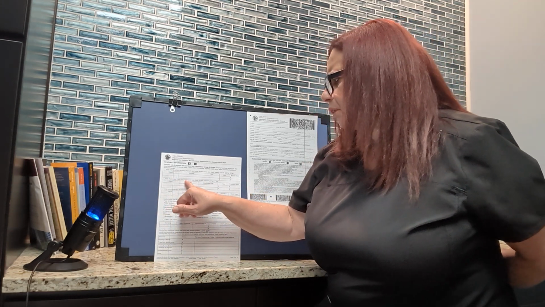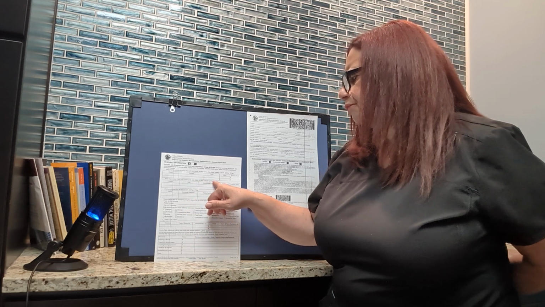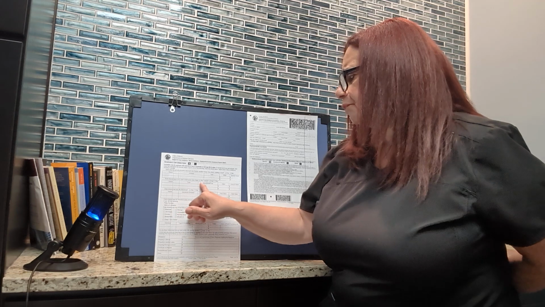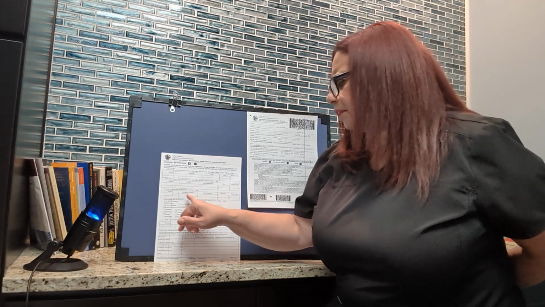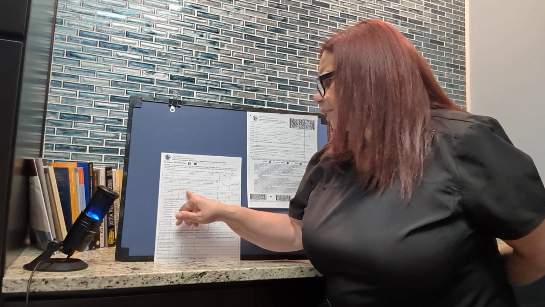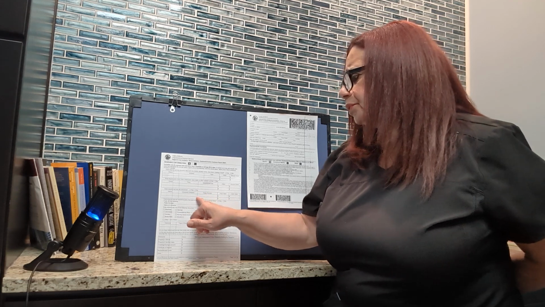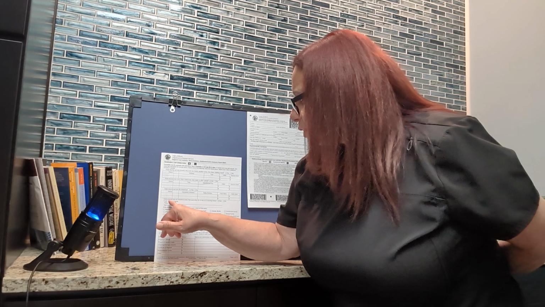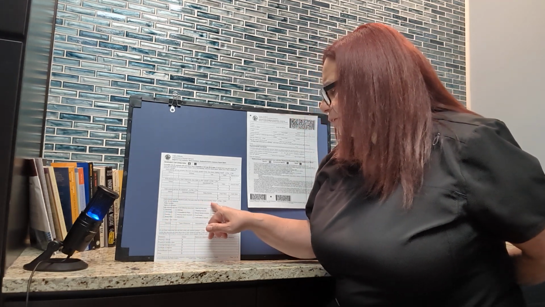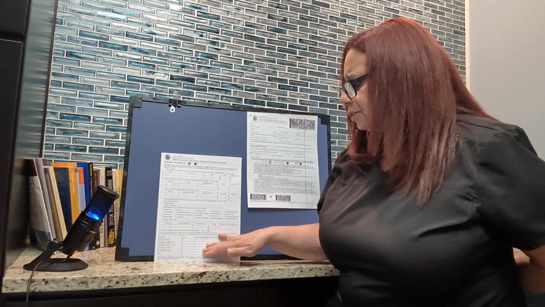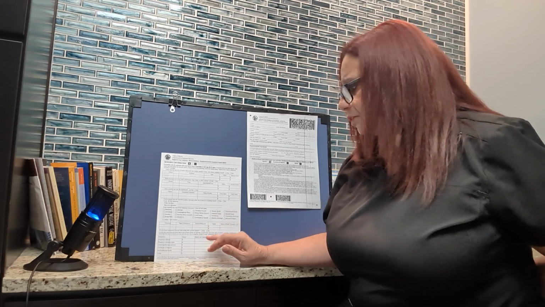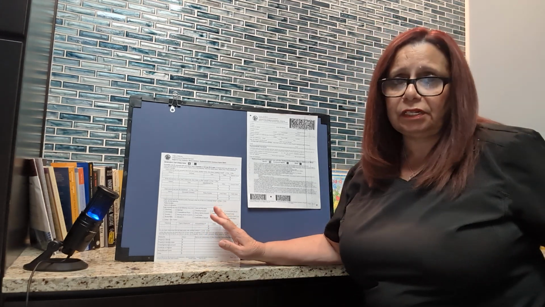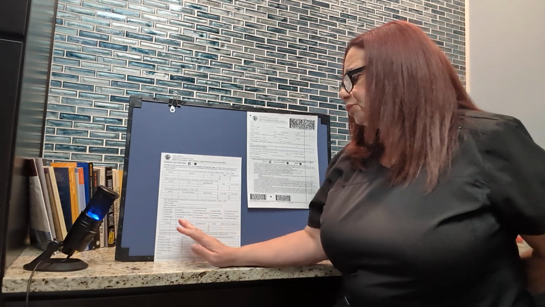Does anyone own a car, a motorcycle, a trailer, any kind of vehicle? Yes or no? And if yes, you're going to put that information there. And then, does anyone own any life insurance? Yes or no? You're going to put the policy and who it's from, right? And then, does anyone have an insurance policy? If you do, you're going to give them all this information, whether you have savings, a checking account, anything that pertains to you, you can check.